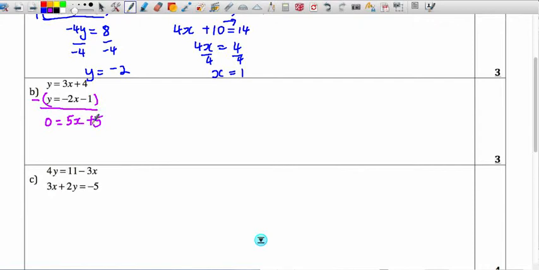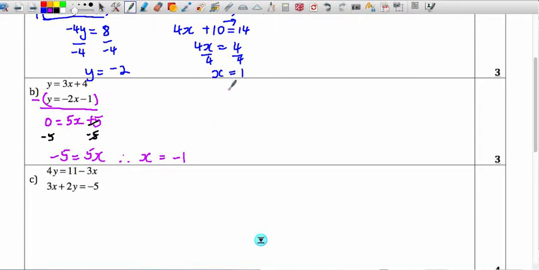Now I need to solve this equation. I'm going to move the 5 to the left-hand side by subtracting 5 from both sides of the equation, and I'm left with minus 5 is equal to 5x. Therefore x is equal to minus 1 if I divide both sides by 5. I need to substitute that back in. Once again, I can substitute into either of the equations.